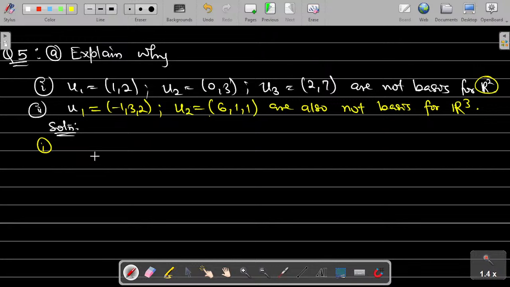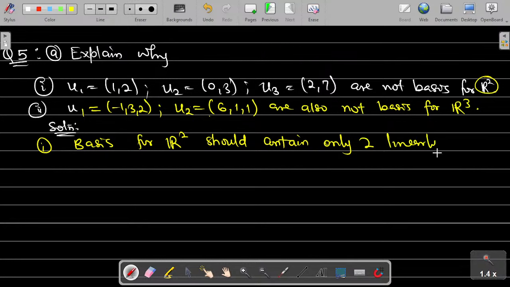So you can just state that a basis for R2 should contain only two linearly independent vectors that span R2.